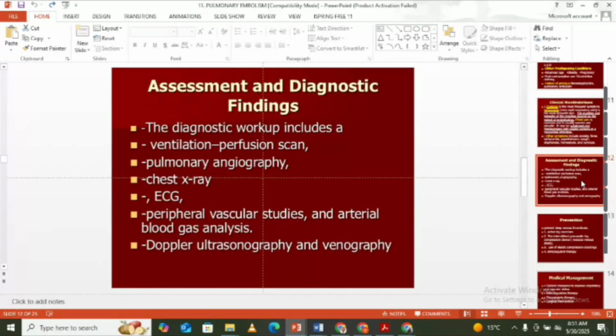The diagnosis, you can see there, you can do a ventilation perfusion scan, which shows that there is an imbalance in perfusion. You can do pulmonary angiography. Angiography is a medical imaging technique which allows you to visualize the inside of blood vessels and organs of the body.